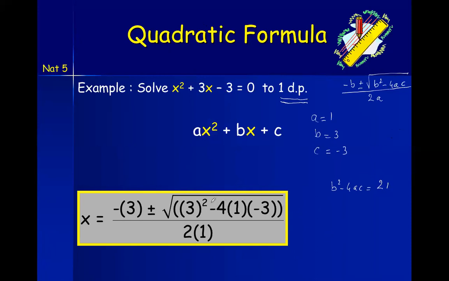So instead of typing all this in your calculator, you can just say that x is negative 3 plus and minus, so these are your two values, root 21 divided by 2 times 1, which is 2. So you've got less chance to make a mistake than by writing all this inside your calculator.